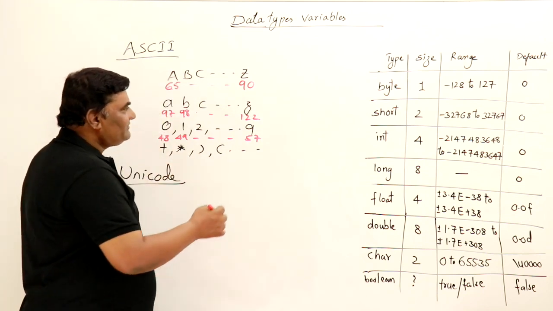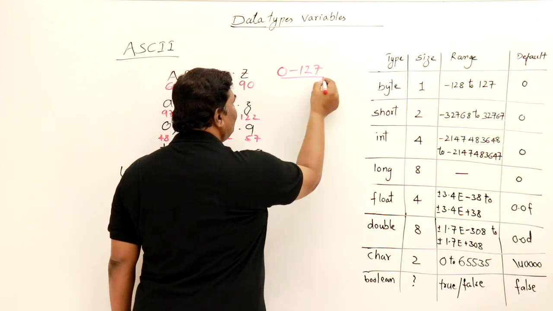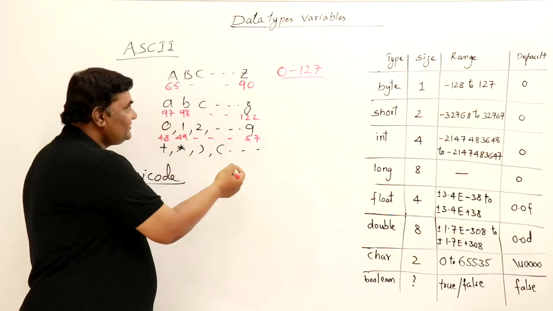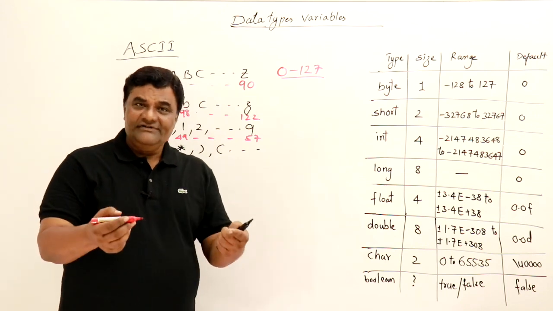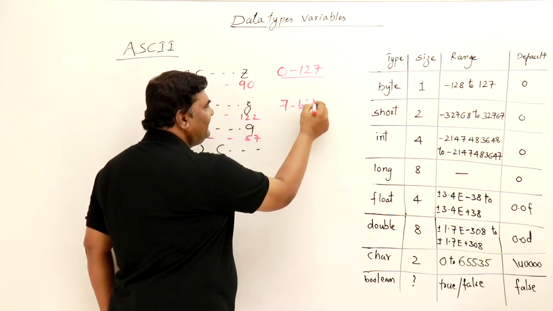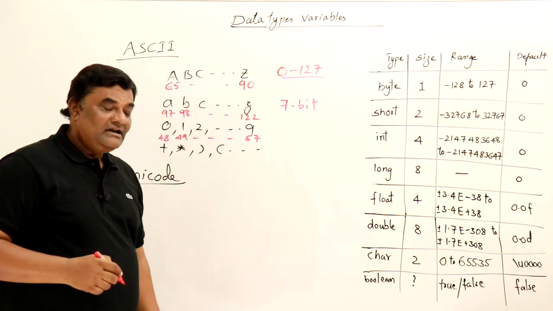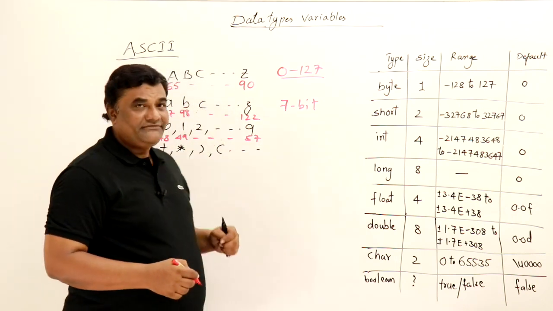And the ASCII codes actually range from 0 to 127. This is the range with all the special characters included. For the largest value 127, only 7 bits are sufficient, so ASCII codes are only in 7 bits. But when we talk about supporting various natural languages, 7 bits are not sufficient.